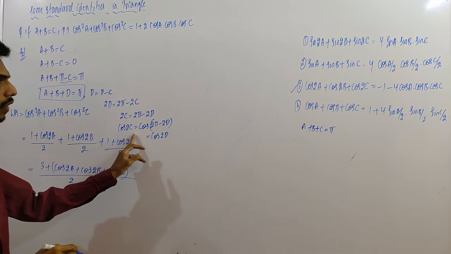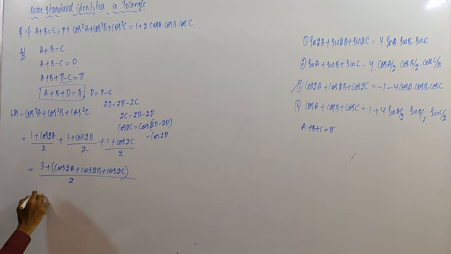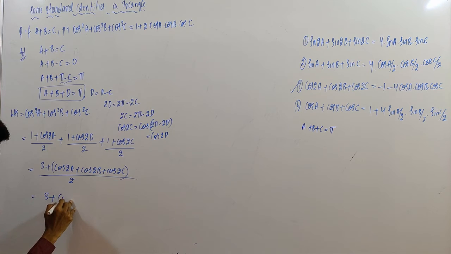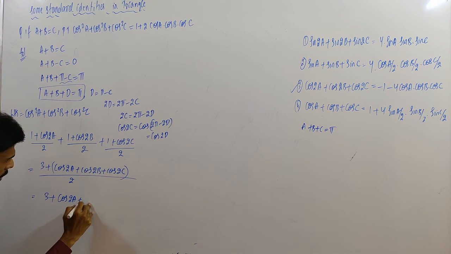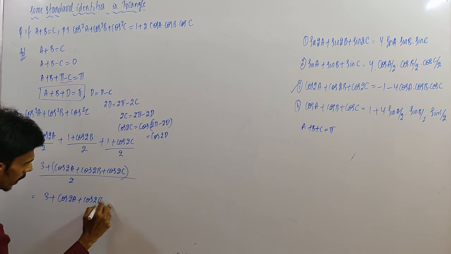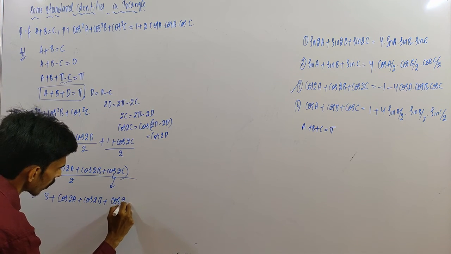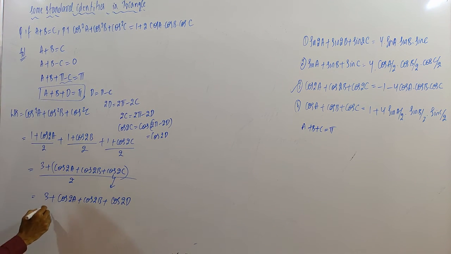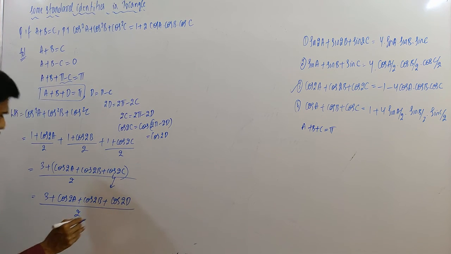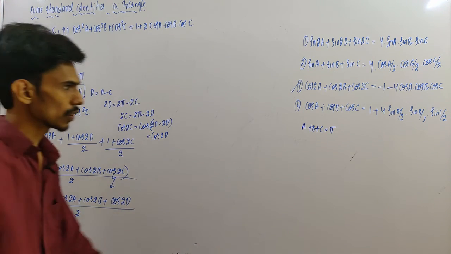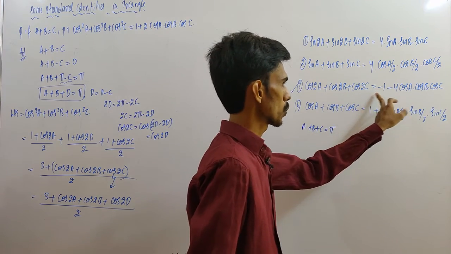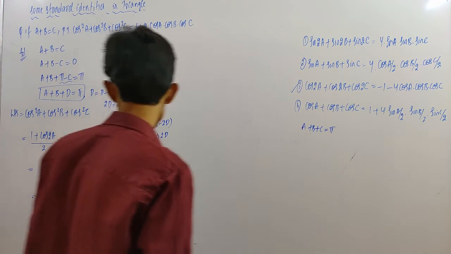So cos 2C value is cos 2D. So we have 3 plus cos 2A plus cos 2B plus this term cos 2C value is cos 2D, divided by 2.